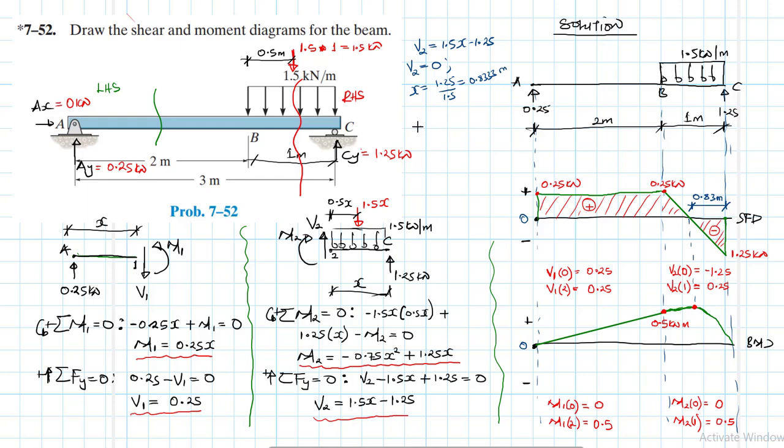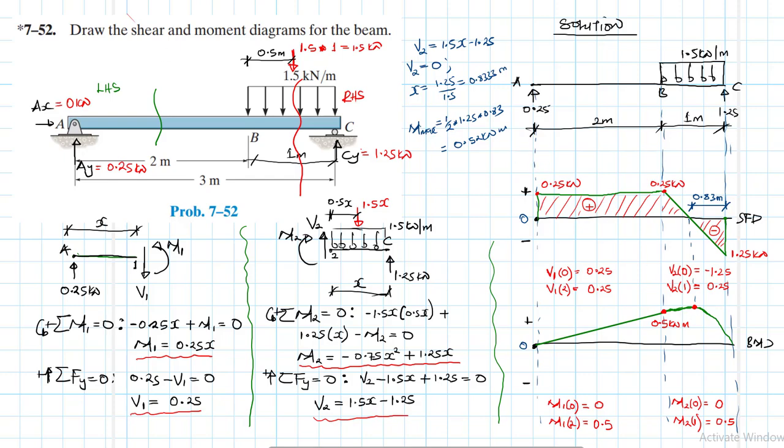So the maximum moment will be equal to half, since this is triangular, times 1.25 times 0.83. So this gives me 0.52 kilonewton meters.